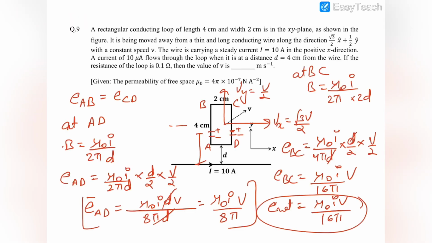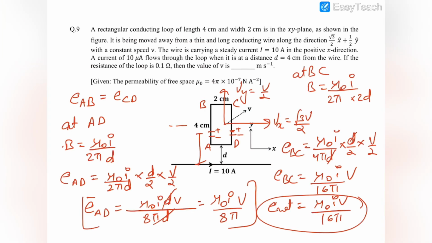So the EMF induced in the loop is mu naught I V by 16 pi, and the current induced due to this EMF is E by R. So mu naught I V by 16 pi R is equal to I.